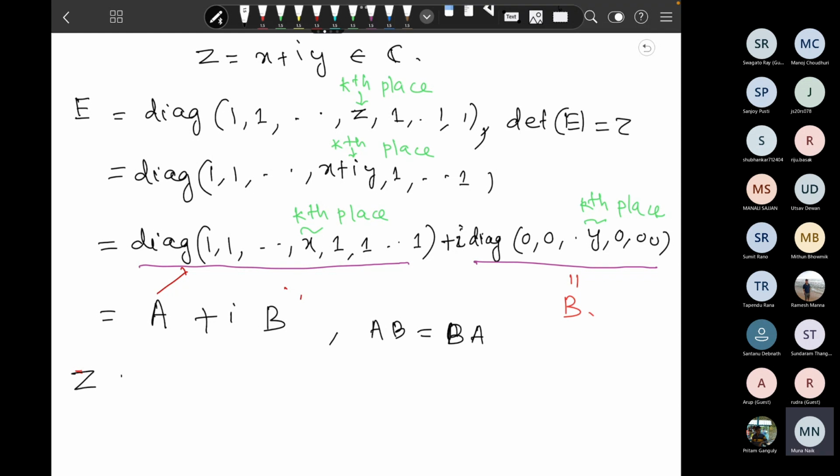Now, what will be ZE? ZE is equal to simply A minus B, BA.